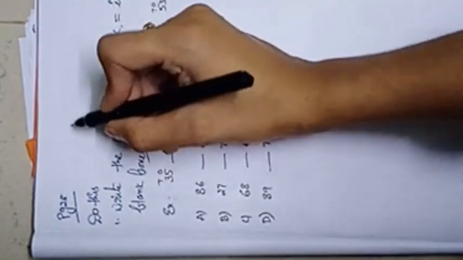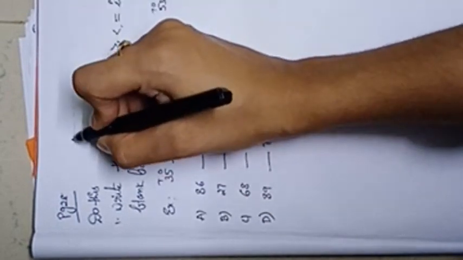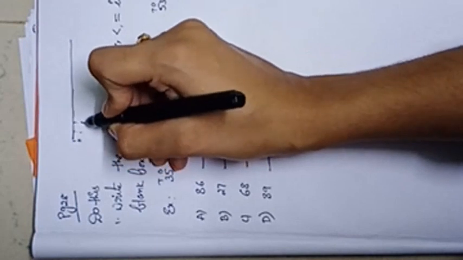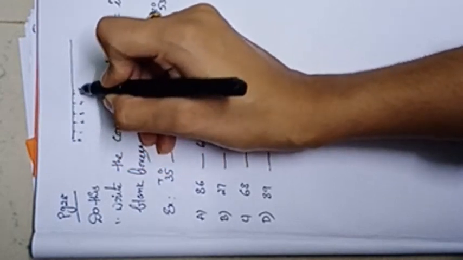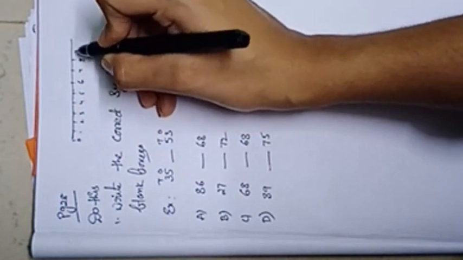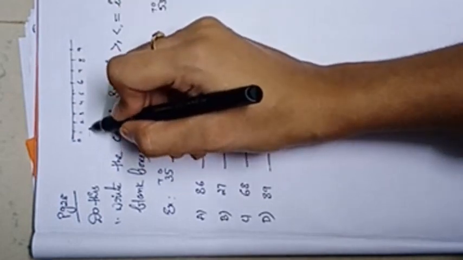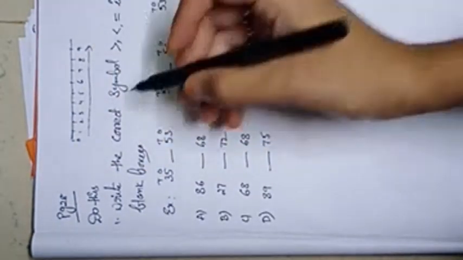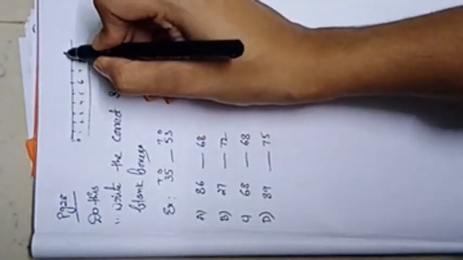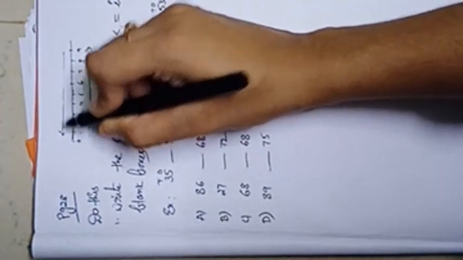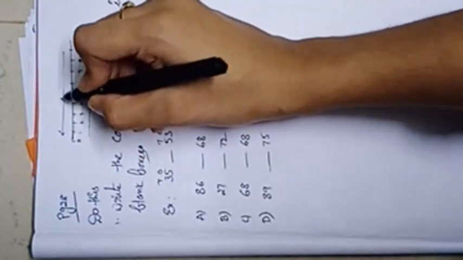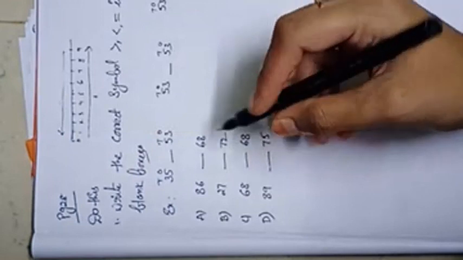So on the number line, for example counting numbers 1, 2, 3, 4, 5, 6, 7, 8, 9, if you go to the right side, numbers will increase. Can you see that line? If you come to the left side, numbers will decrease.